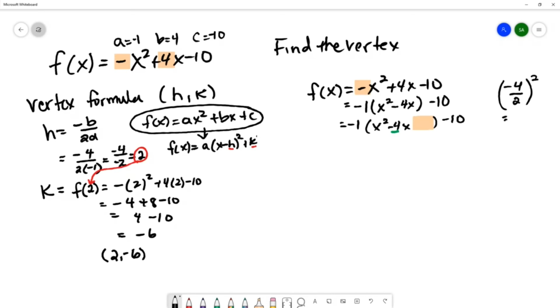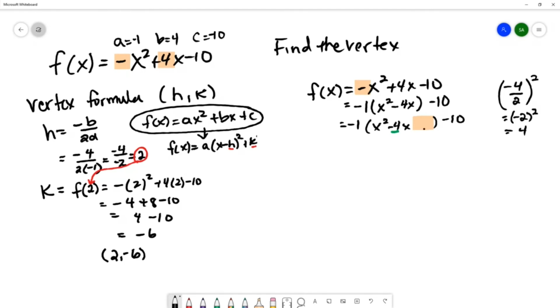This gives me my magic number that's going to complete the square. -4 over 2 is -2, and -2 squared is 4. So this is the number that I want to write in that blank inside of the parentheses.